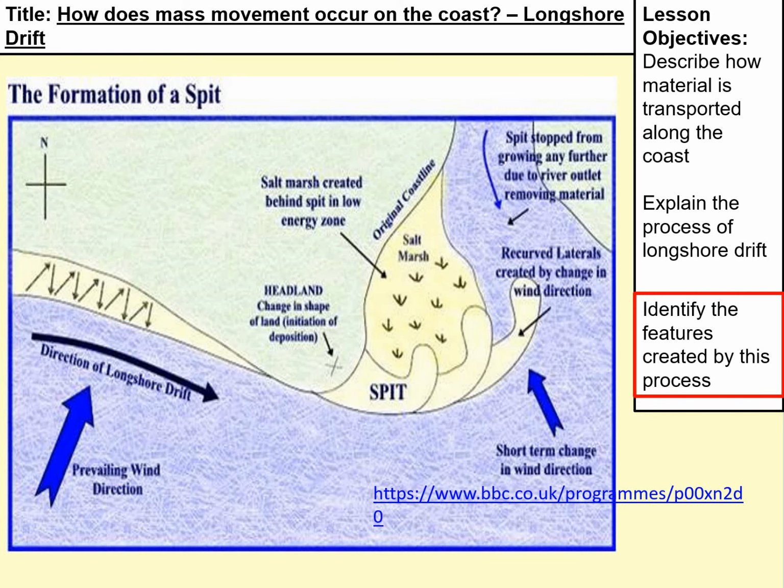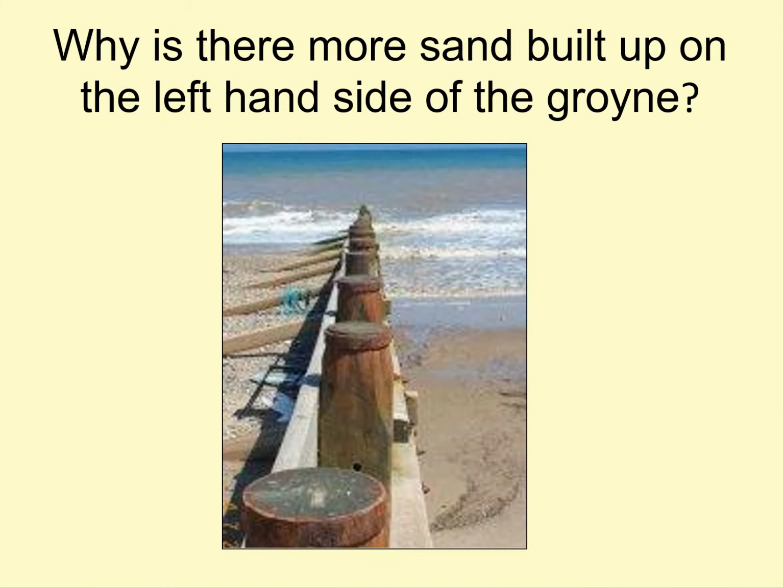And you'll notice that they can recurve or curve at the end if there's an alternative wind direction hitting them. And often behind these spits, they're quite sheltered, so you will get salt marshes behind them. Very interesting, and we'll come back to this, but do watch the video and you can make a few notes on this formation associated with longshore drift.